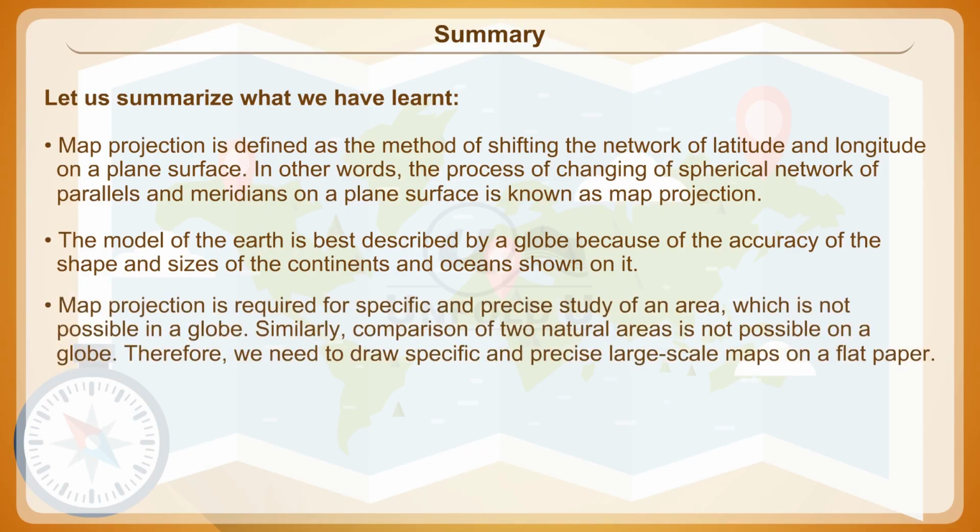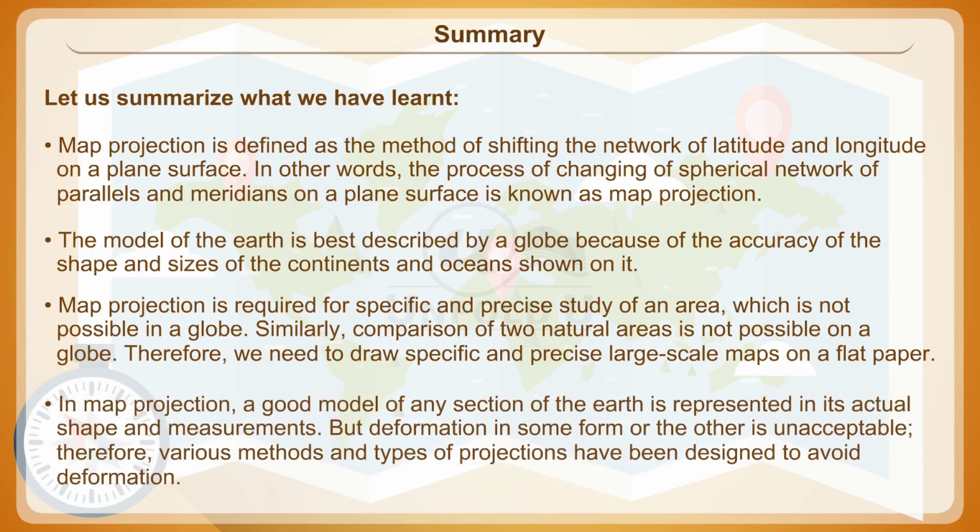Map projection is required for specific and precise study of an area, which is not possible in a globe. Similarly, comparison of two natural areas is not possible on a globe. Therefore, we need to draw specific and precise large-scale maps on flat paper.